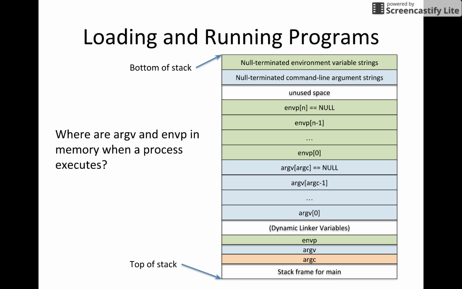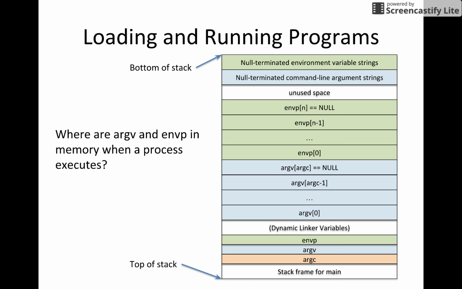And then we get to the array of environment variables that actually point to the null terminated environment variables at the bottom of the stack. And as you can see, the nth entry is null. The reason for that is so that we can tell where the end of the environment variable pointers are.